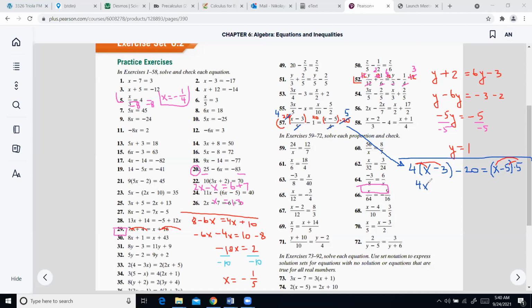Parentheses always have priority. So 4x and then minus 12 is next to it. There is still -20. And on the other side, I'll have 5x and minus 25. So no more parentheses, we just have a better looking equation.